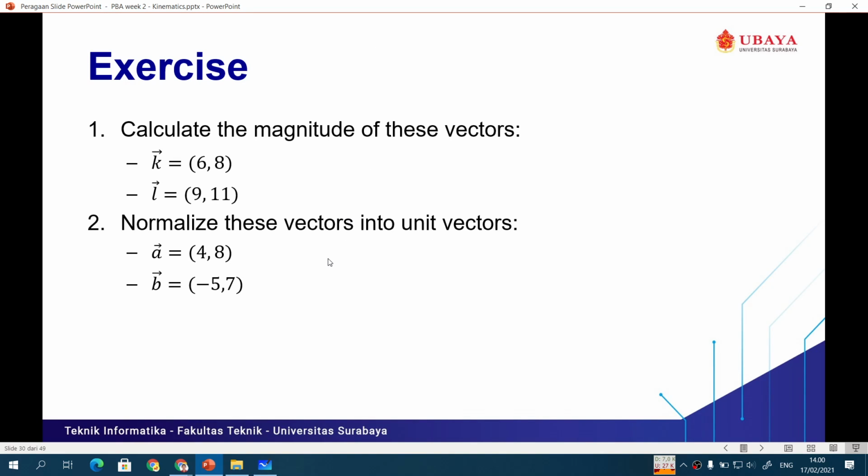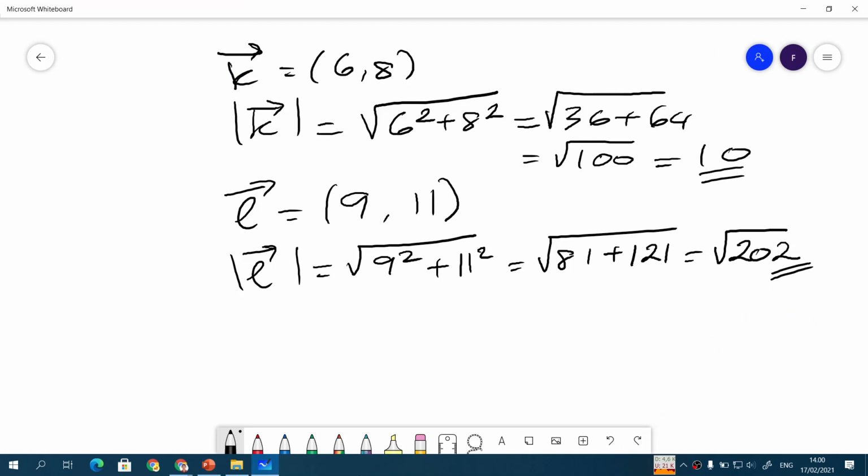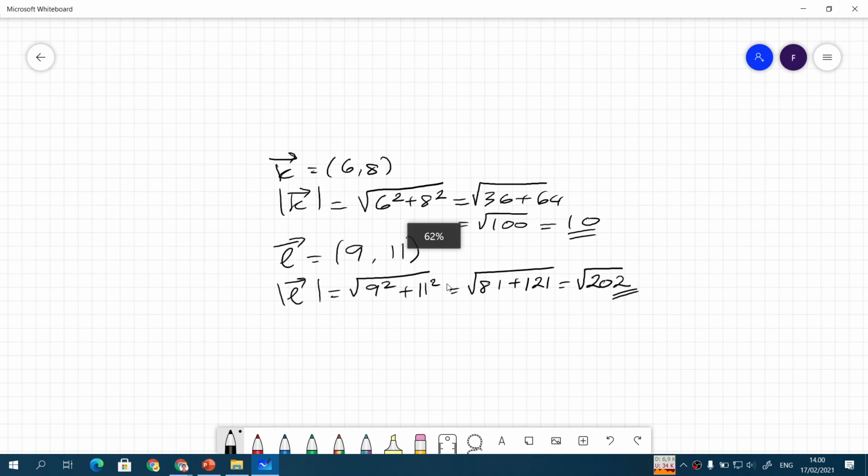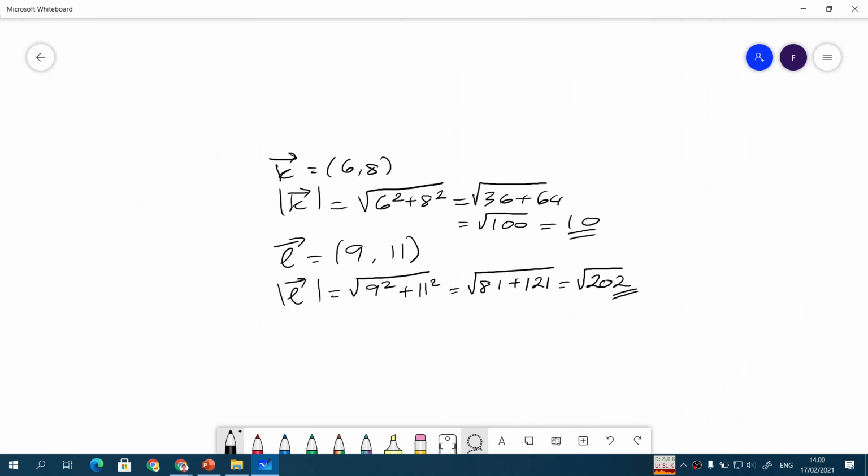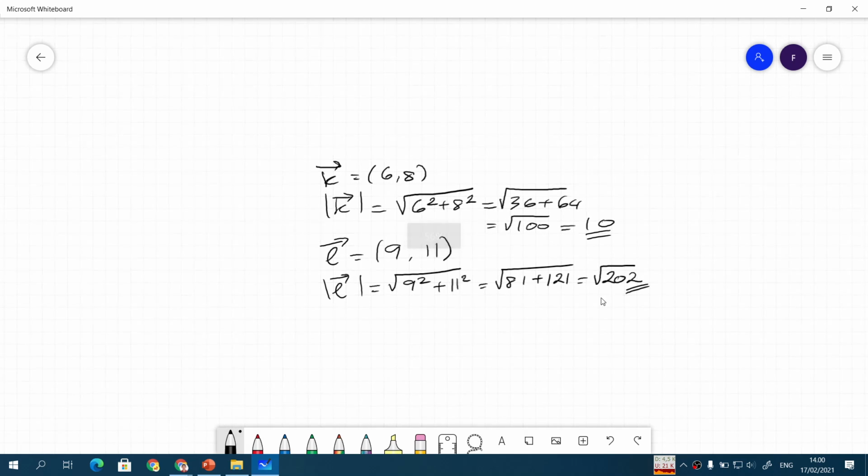What about the second question? Normalize these factors into unit factors. A is 4 and 8. Okay, wait a second, I will prepare my canvas first.